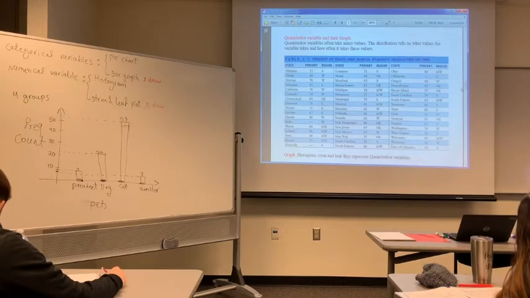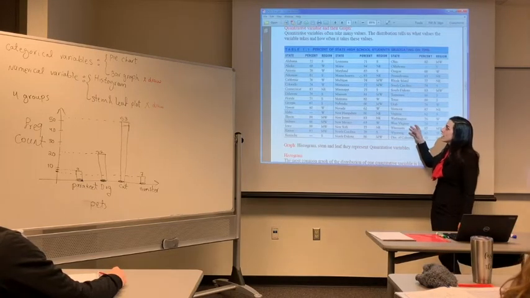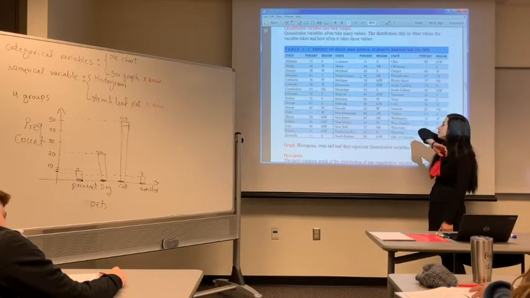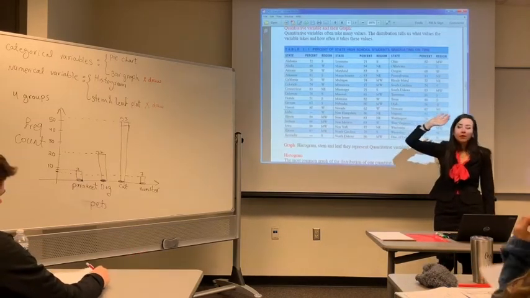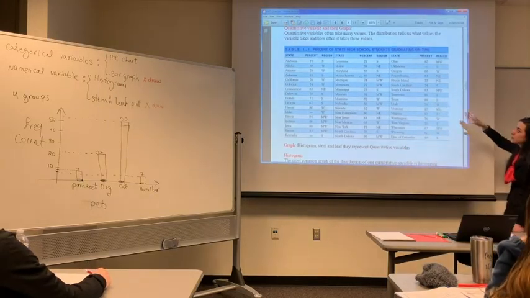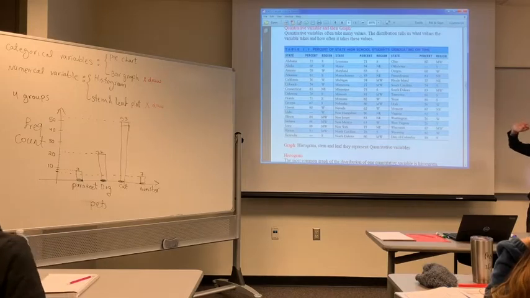Okay? So now we want to talk about quantitative variable, numerical variable, okay? So now, let's say this is a whole data set, everything is perfect. Look at this, it says percent of state high school students graduating on time.